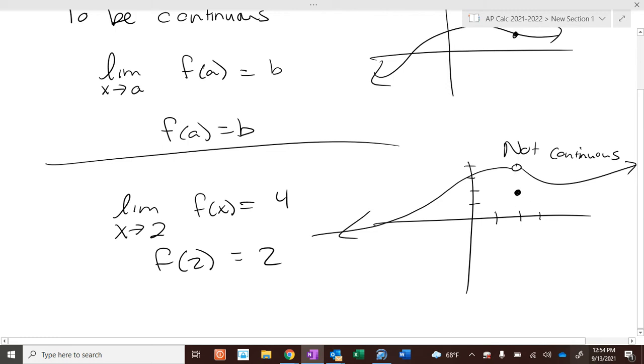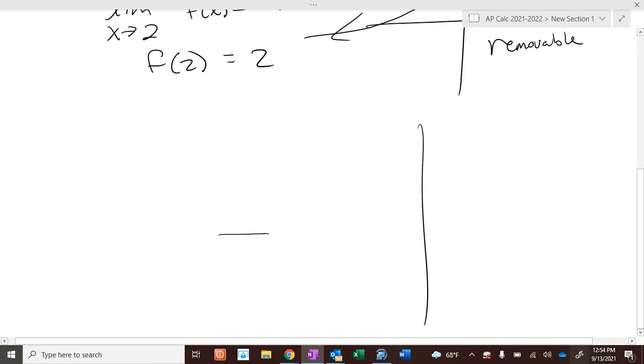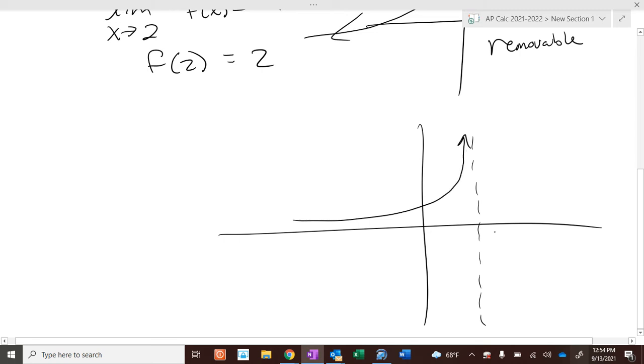Now, what type of discontinuity is it? Some of you that worked ahead figured out that this is a removable discontinuity, when it has a hole. There are other types of discontinuities. When we have an asymptote, this asymptote makes a discontinuity, and he calls it an infinite asymptote, so an infinite discontinuity.